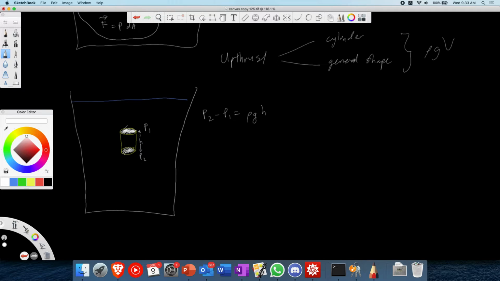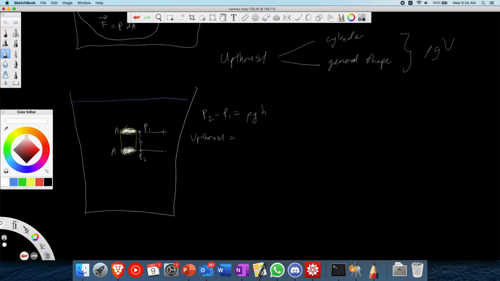So then what is the net force acting on it? Let's say the top and bottom surfaces have cross-sectional area A. Remember what I said about how pressure acts on a solid body: on the bottom, the pressure exerts a force on the body upwards, whereas on the top, the pressure exerts a force downwards.